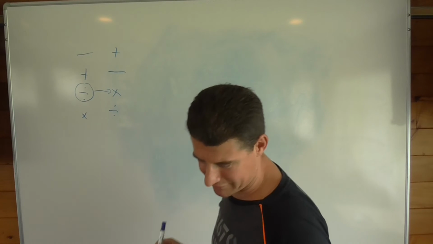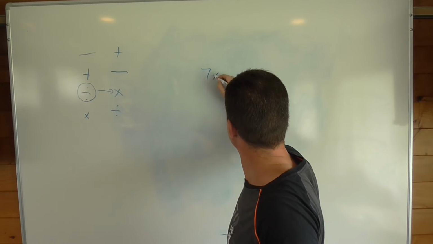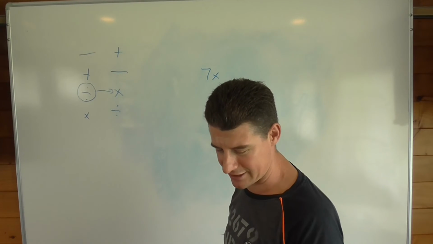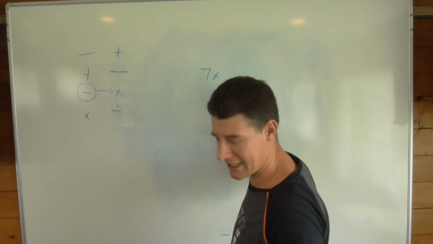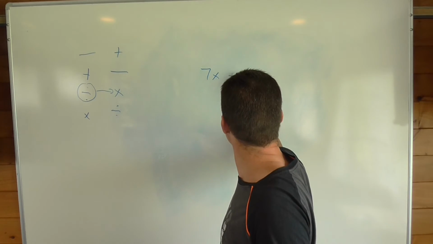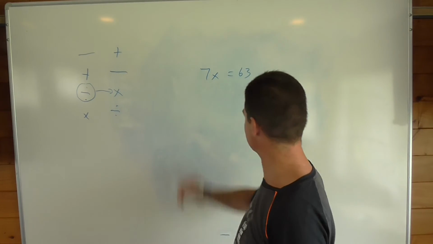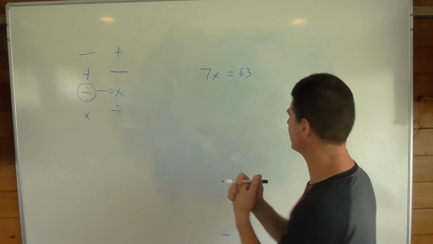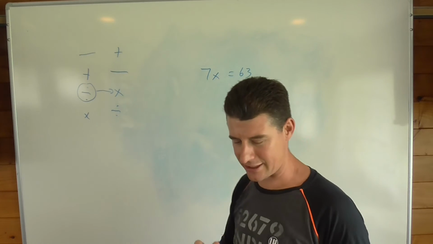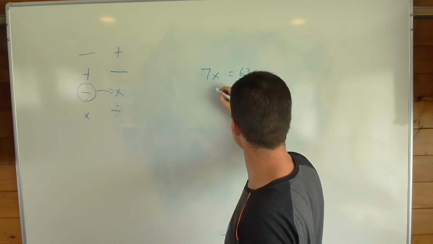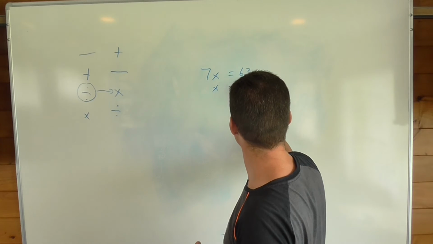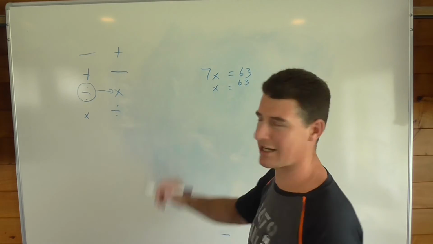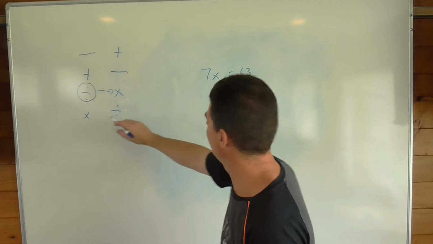Then we've got 7x. Remember, that's like saying 7 multiplied by x equals 63. So once again, we need to get the x alone. So if you multiply something on the other side, you divide it.